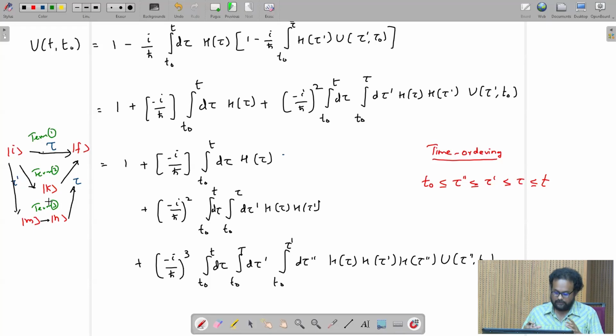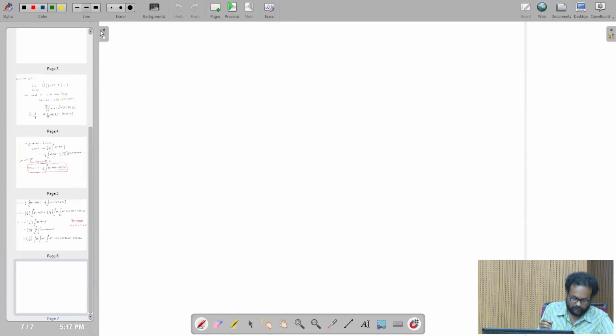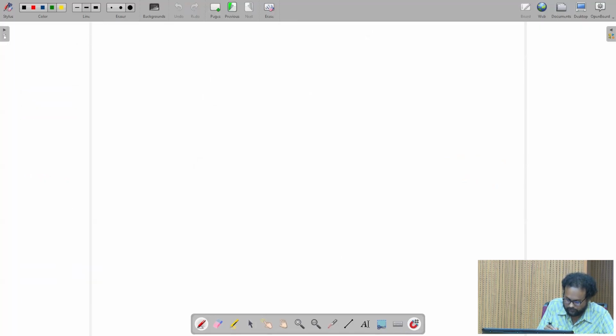So this kind of expression, just for the sake of completeness, I'm now going to write down the final expression for this U of t, t naught in the most general sense. It is 1 plus summation n equal to 1 to infinity.